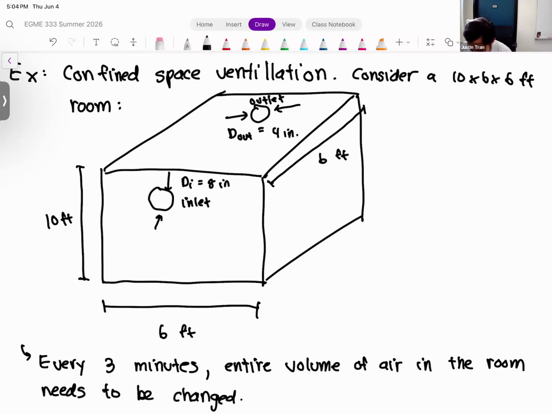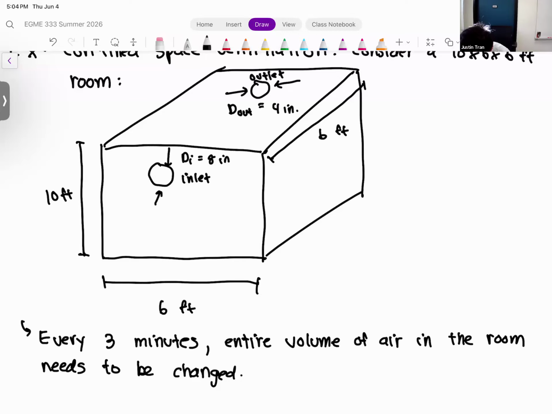Okay, so in this problem, based on everything that we know, let's compute the flow rate of air that's necessary to satisfy these safety conditions.